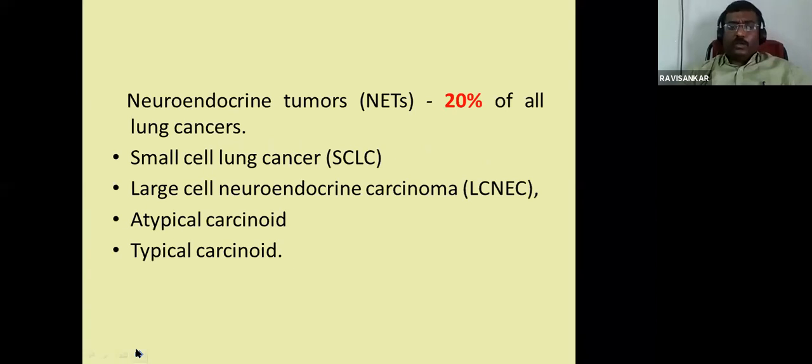Small cell lung cancers are classified under the neuroendocrine tumors. About 20% of lung cancers are neuroendocrine tumors, of which small cell lung cancer is a major type. Other varieties include carcinoids and neuroendocrine carcinomas.